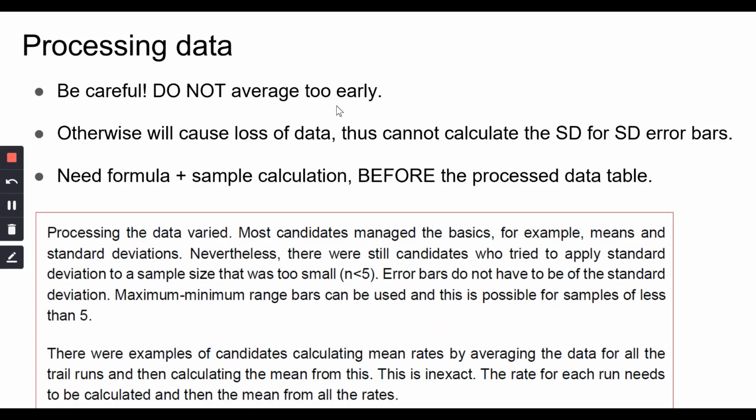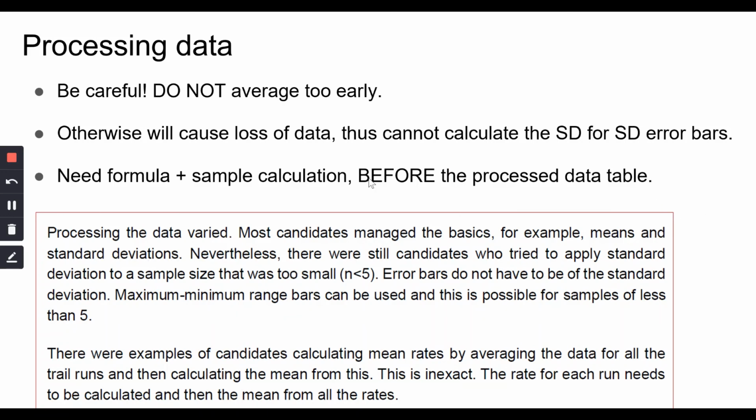If you have calculated the average of the height on day 1 and the average height on day 2, then you would not have calculated the individual percentage change, and you wouldn't be able to calculate the average and SD. So the key idea is that you only do the average and SD at the very end. Again, this is just a reminder: you should show a formula and sample calculation before you show the process data table.